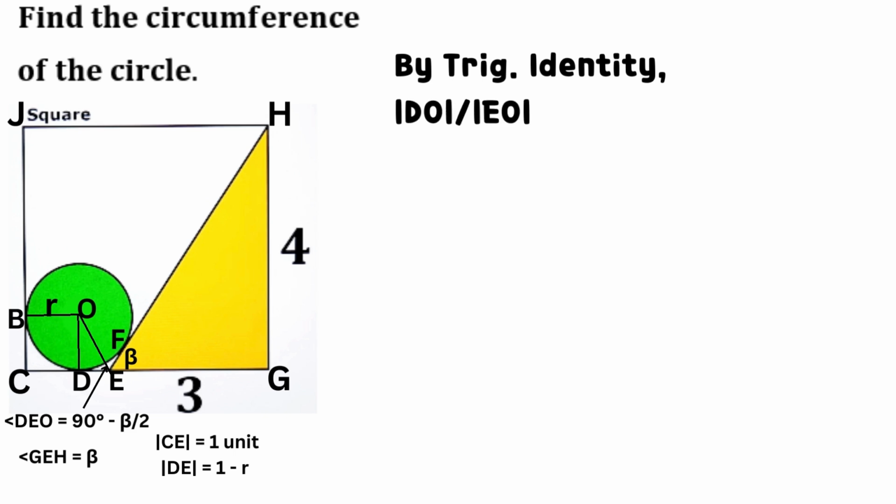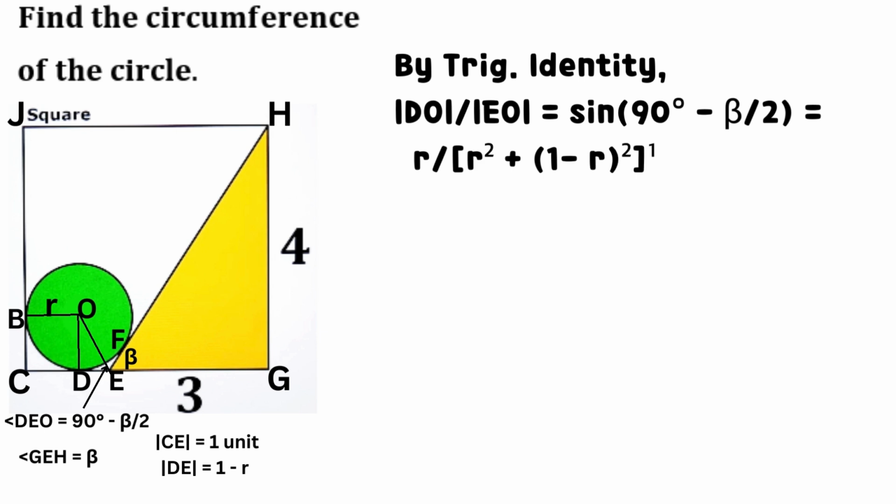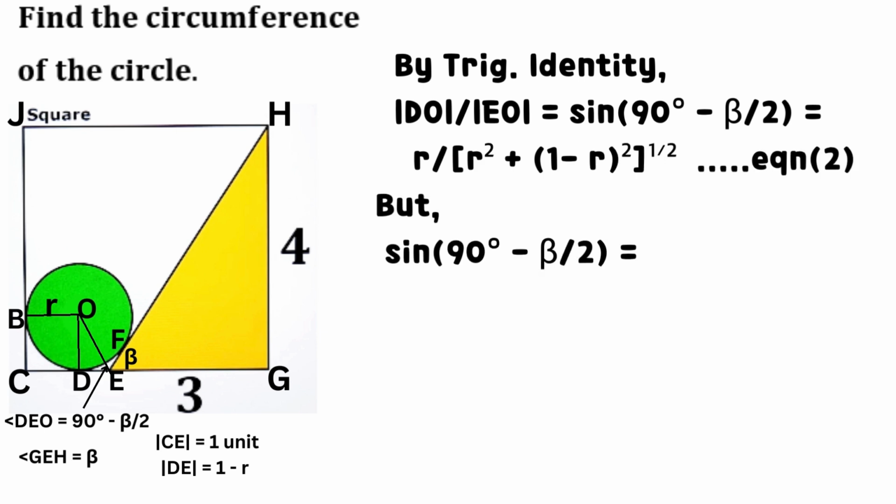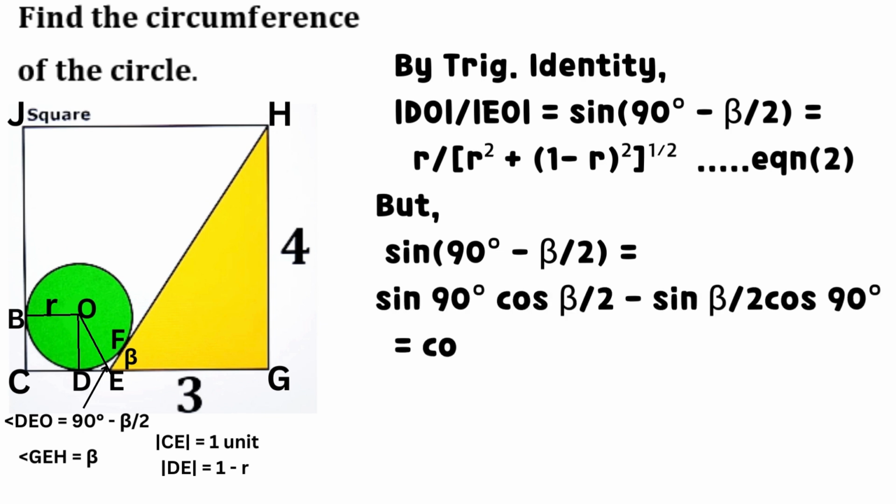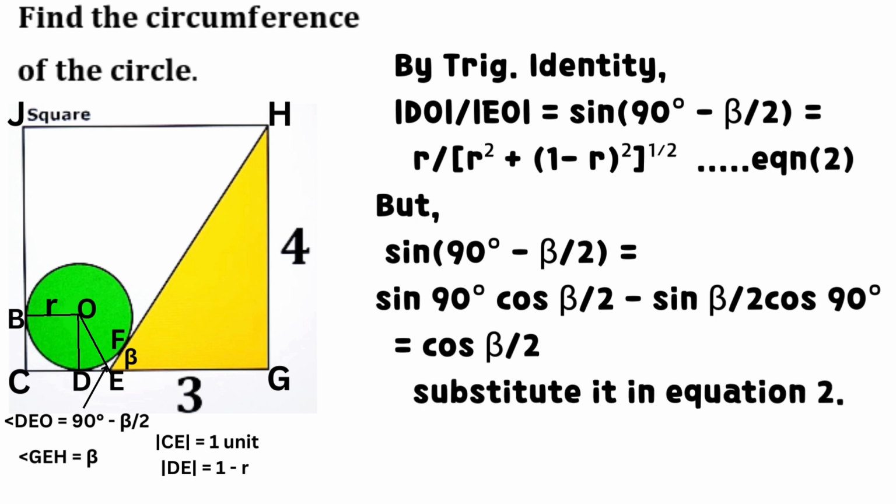By trigonometric identity, DO divided by EO equals sine of 90 degrees minus half beta, which equals R divided by the square root of the square of R plus the square of 1 minus R. We call it equation 2. But sine of 90 degrees minus half of beta equals cosine of half of beta.